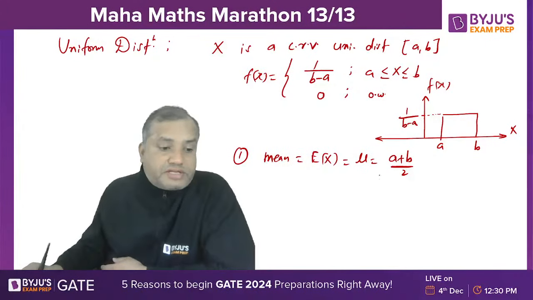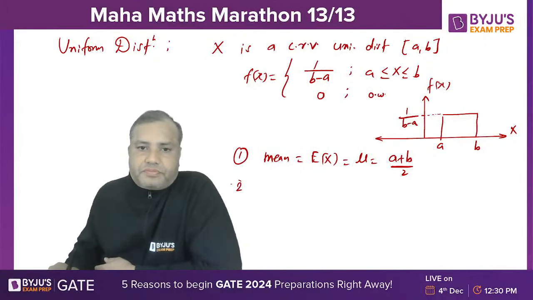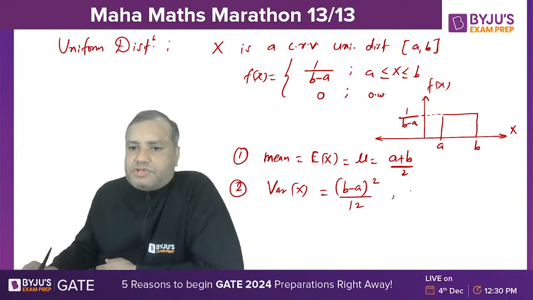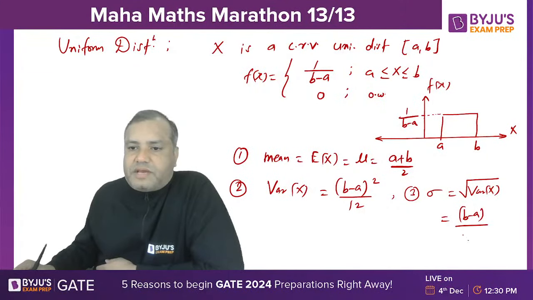These are important points that you need to remember. Then the variance of x for uniform distribution is (b minus a) whole square by 12. And of course, you know, the standard deviation is the root of variance, b minus a upon root of 12.